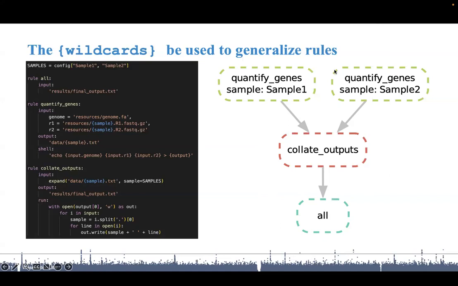So what Snakemake will do when it's generating the DAG is start from the final rule, the rule all or whatever file you ask for, and then look for all the rules that can create the files needed for that, and then all the rules that create the files needed for the previous rule, etc. If you have more than one rule that might be able to generate the thing, it can get confused.